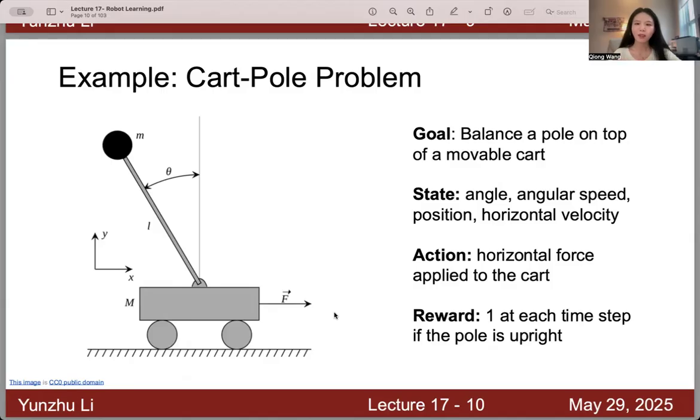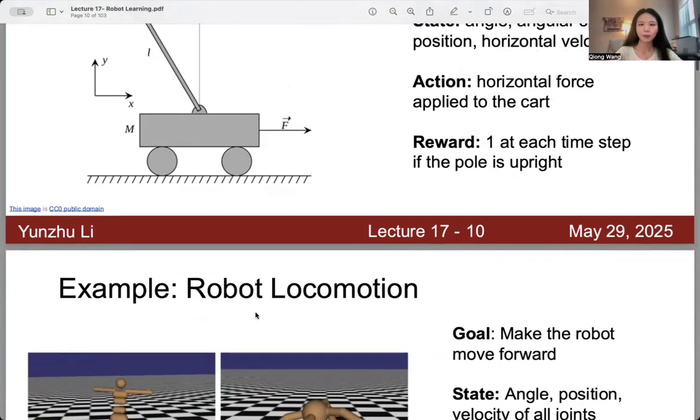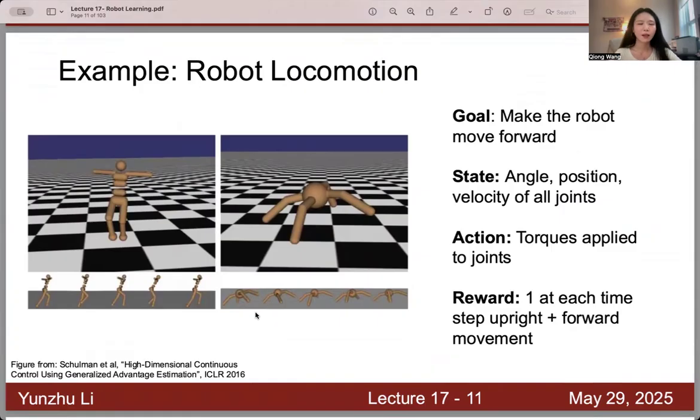The reward is 1 each time step if the pole is upright. This is an example of robot locomotion. The goal is to make the robot move forward, and the reward is 1 each time step for being upright and for forward movement.